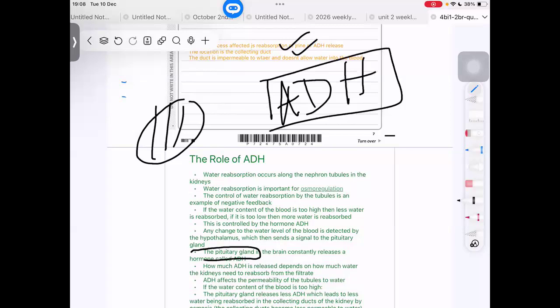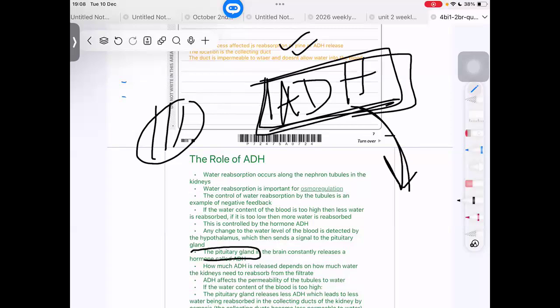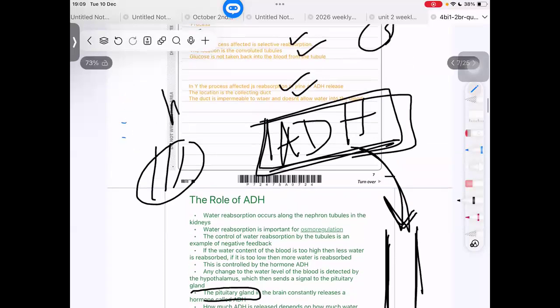ADH can do 2 things, but for you, it's better to learn this only: ADH makes our collecting duct more permeable. The reason you woke up was because the hypothalamus sends signals to your brain to wake up and drink more water, because you have eaten food with a lot of salt.